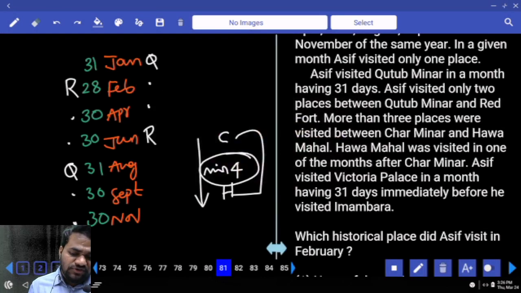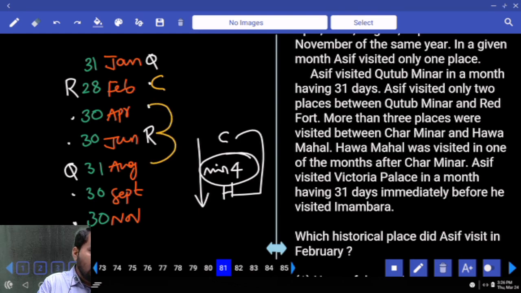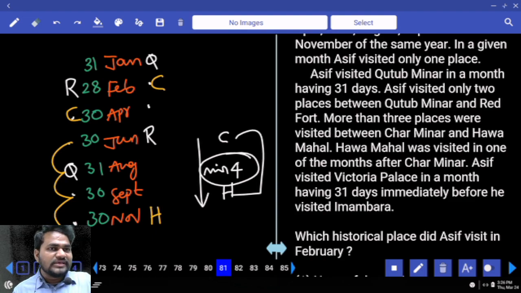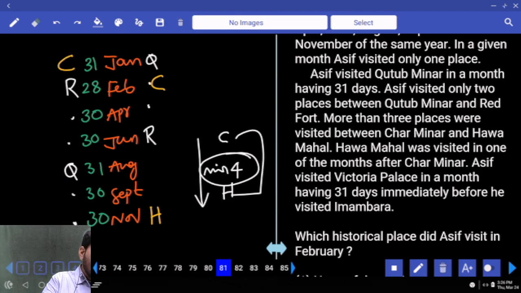Then in order to fix C and H, if C is here 1, 2, 3, but more than 3 means an extra 1 place, and then it is the place of H. If C is here 1, 2, 3, 4, and then we need to place H, but there is no such place for H. So C is here 1, 2, 3, 4, minimum 4 are required, and then H may be here, or you may place H here also.